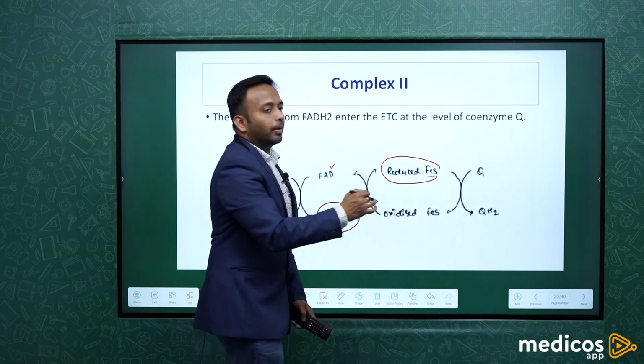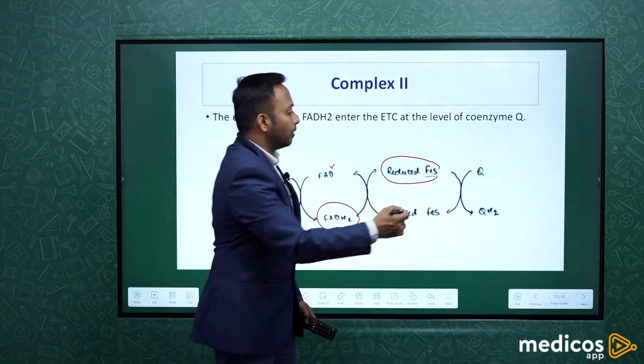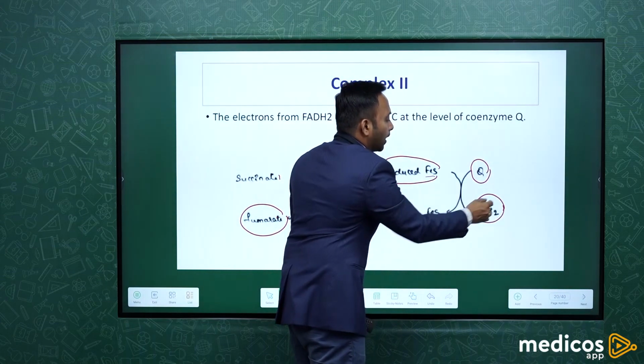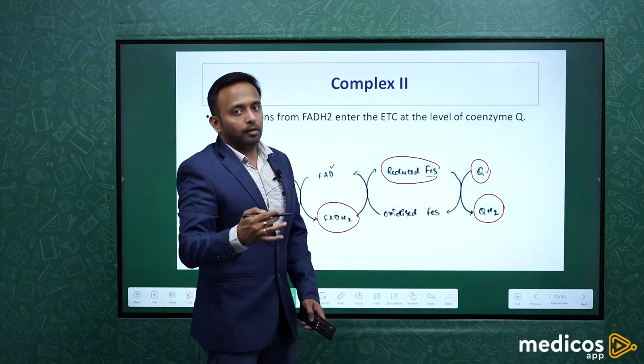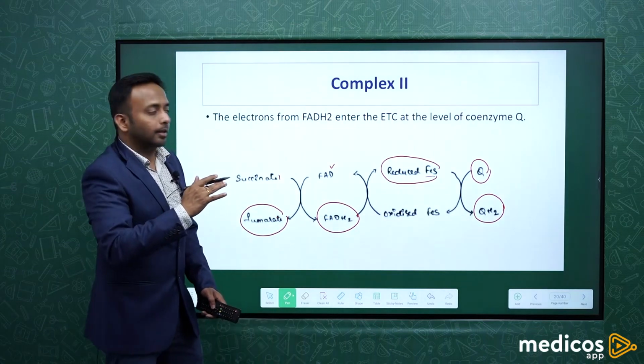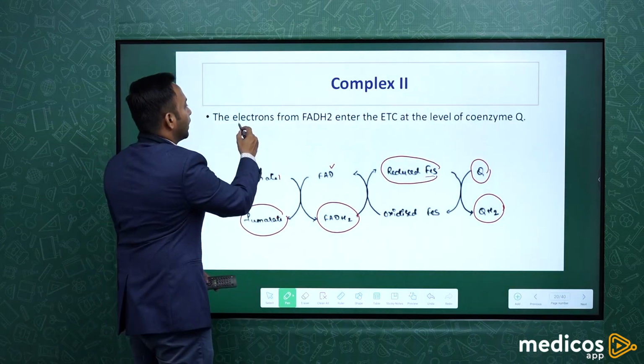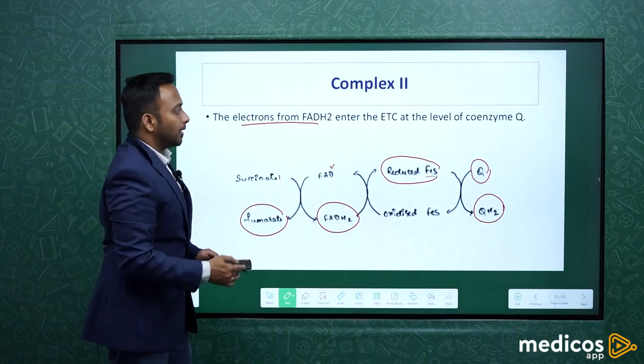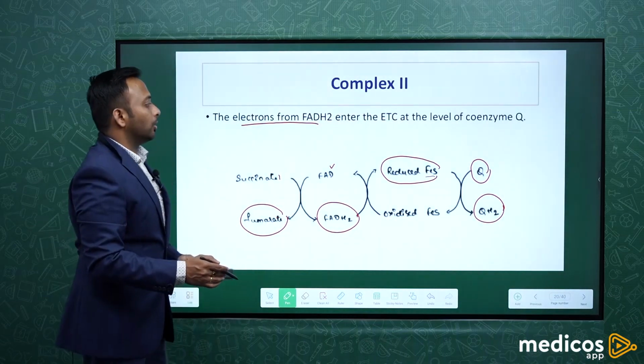The reduced iron complex will donate the electron or H plus ion to the same coenzyme Q, which is converted into QH2. So one is oxidized, the other is reduced. The electrons from FADH2 enter at this level and are given to coenzyme Q.